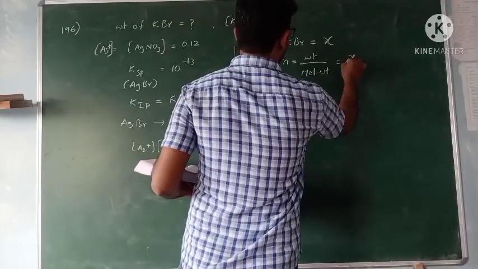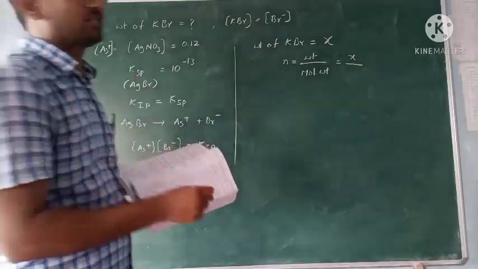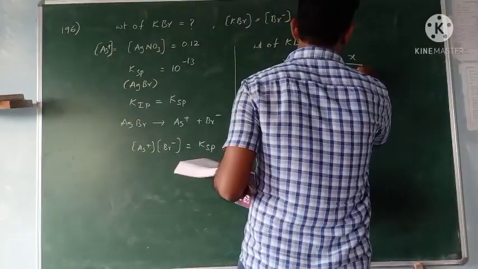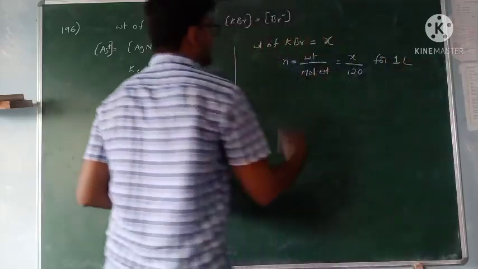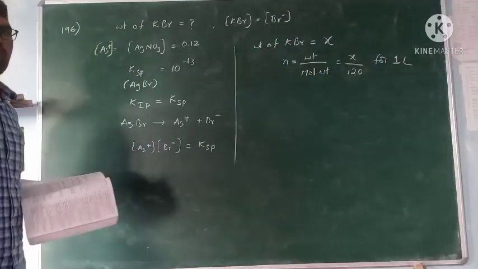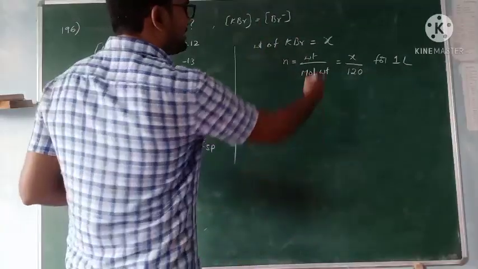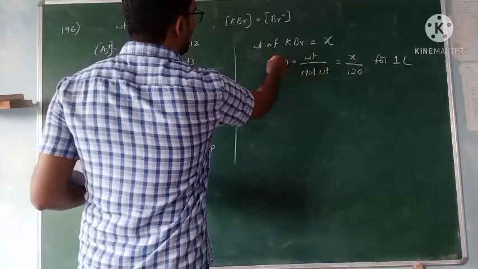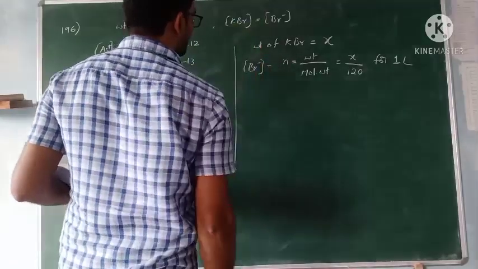So X by 120, because in this problem the KBr molecular weight is given, that is 120, for 1 liter. For 1 liter means for 1 mole, gram per liter or simply mole per liter. Okay, this is the concentration of Br minus or KBr.